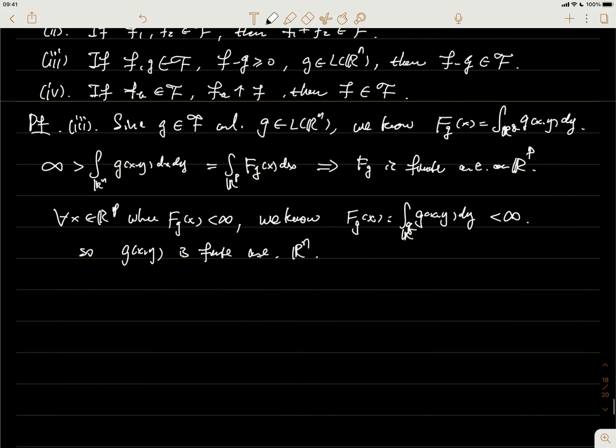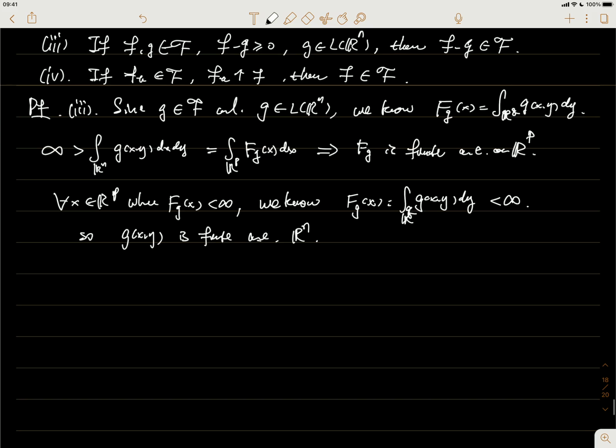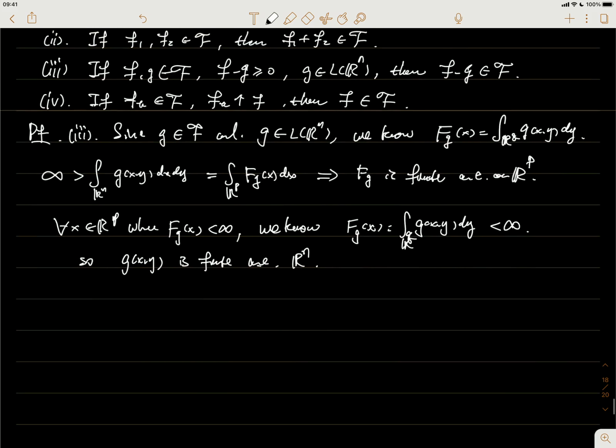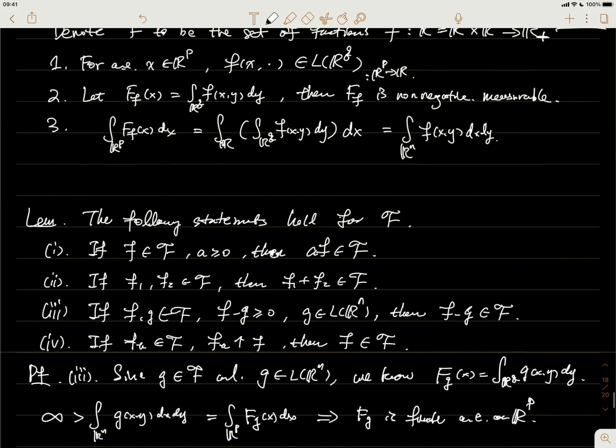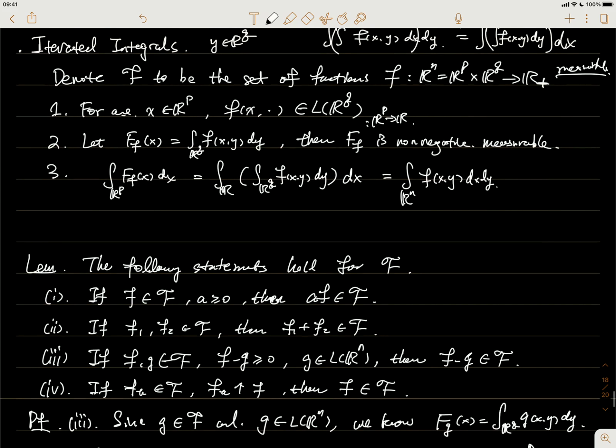Okay, and with this fact we can check that f minus g satisfies all these three conditions, because I know that f is fine for almost every x, and g is a function inside this F, so g also satisfies this.